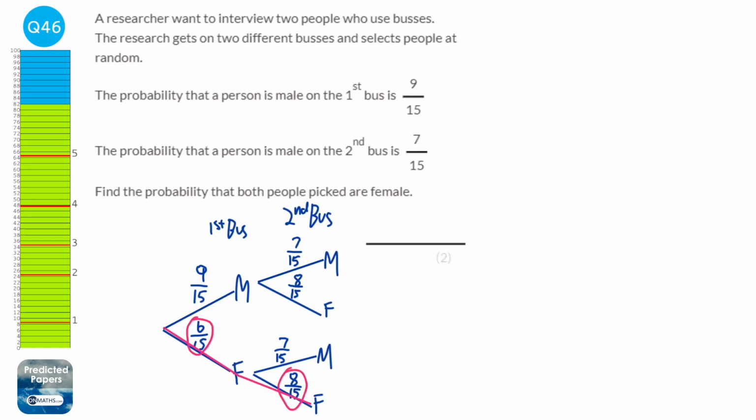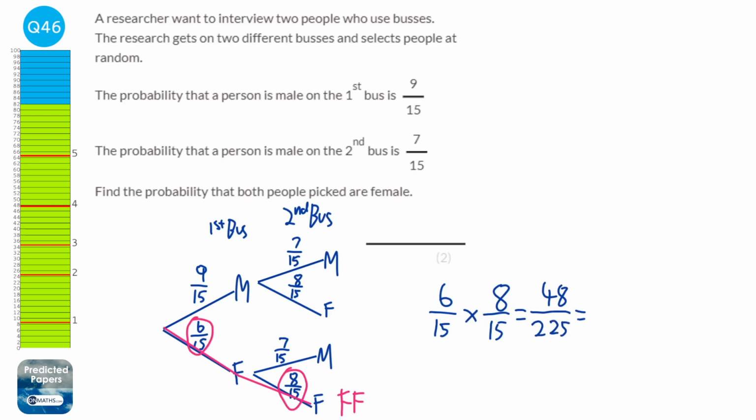So whenever you're finding the probability of getting to an outcome, so this outcome would be FF, because they're both female, you are multiplying the fractions that you go across. So it would be 6/15 times 8/15. So 6 times 8 is 48. And times the bottoms, 15 times 15 is 225.